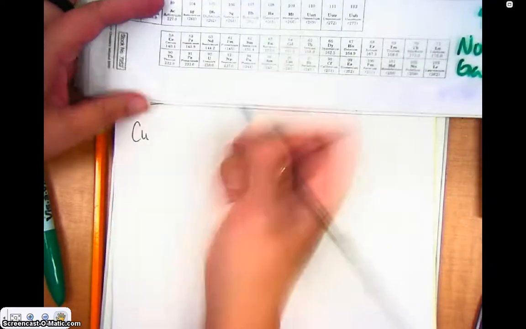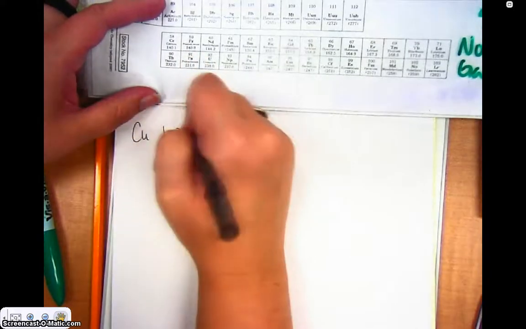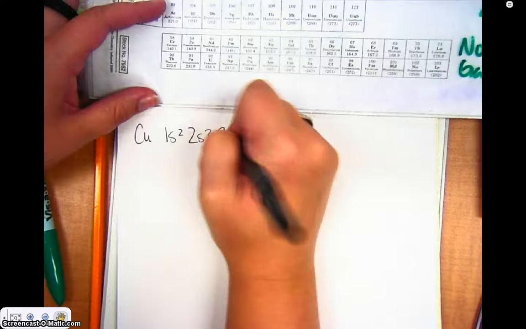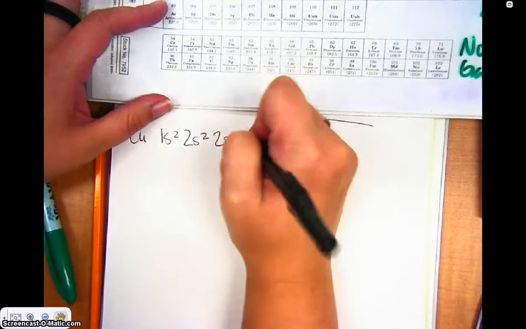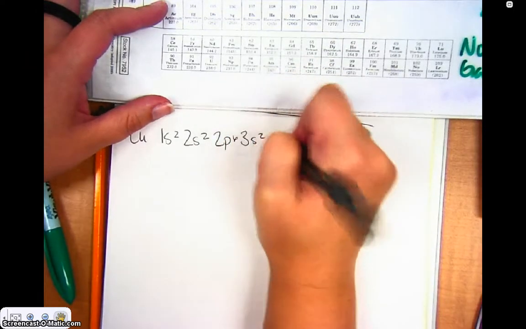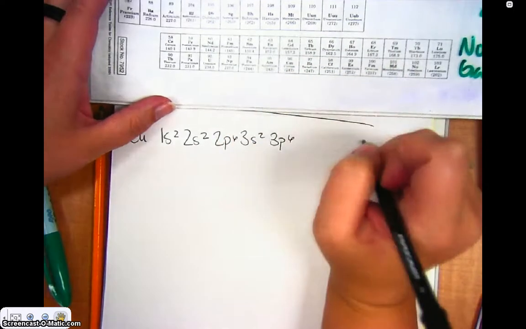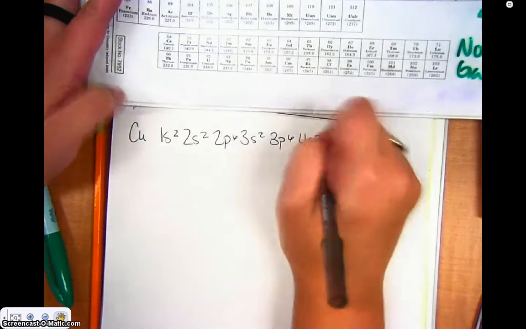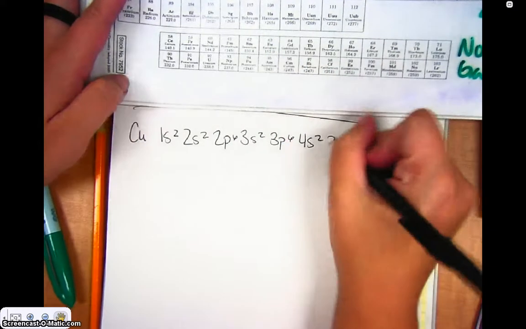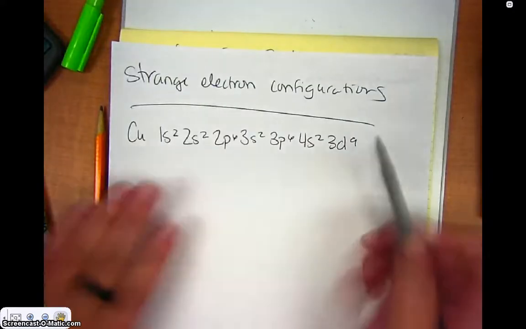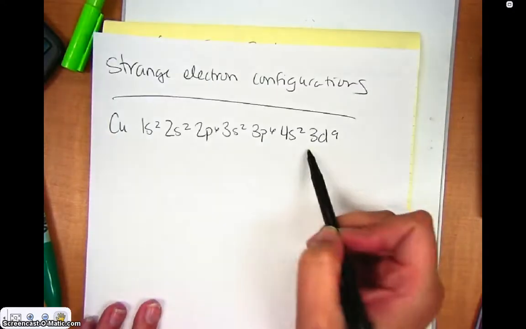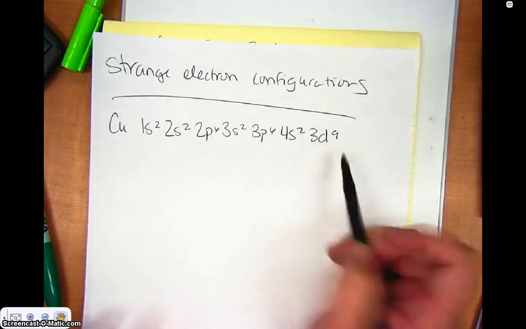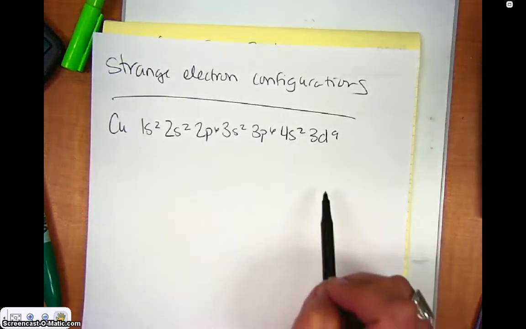So copper is 1s2, 2s2, 2p6, 3s2, 3p6, 4s2, and 3d9. Okay? Now, if we look at this and you see the very end here, you see that the D is just one short of being full.